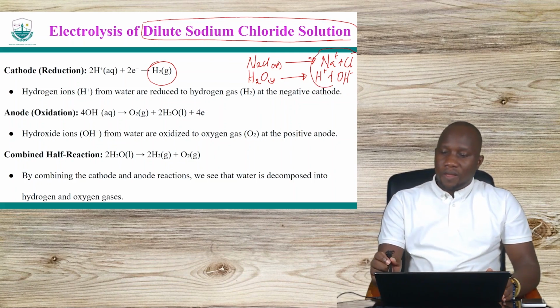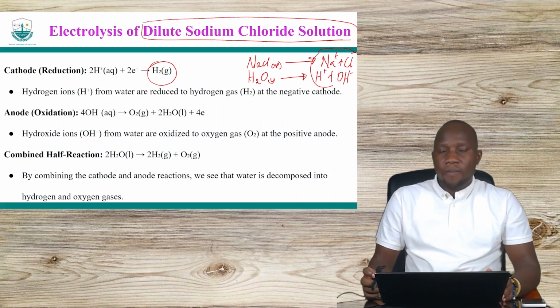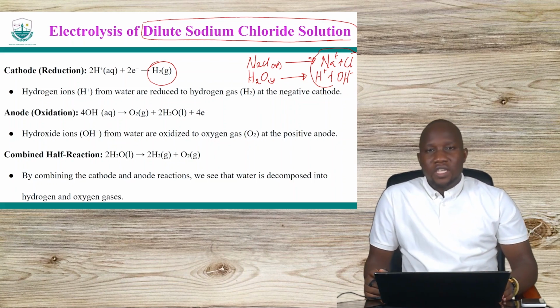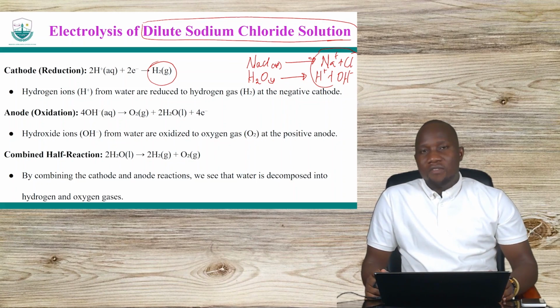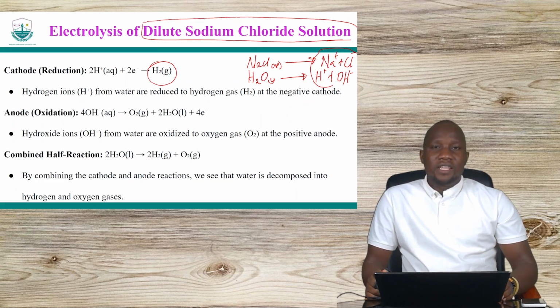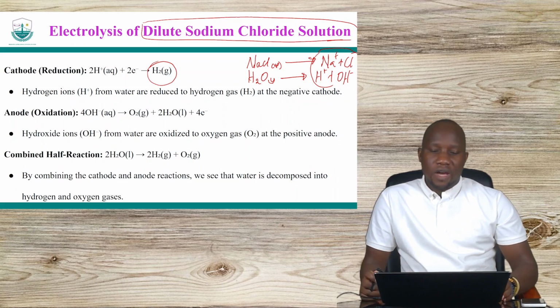So it means that you're going to have sodium ions competing with hydrogen ions for discharge, and then you have the chloride ions competing with the hydroxide ions for discharge. And we are saying that when you have platinum, you'll have hydrogen ions being discharged at the cathode, and at the anode, you will have the hydroxide ions being oxidized to form oxygen at the positive anode.